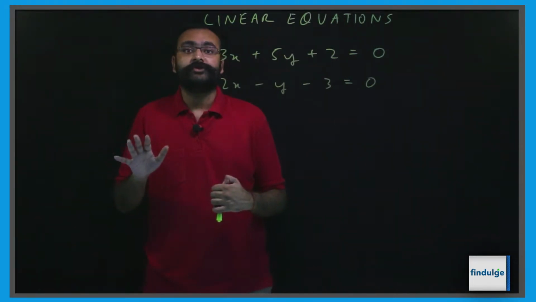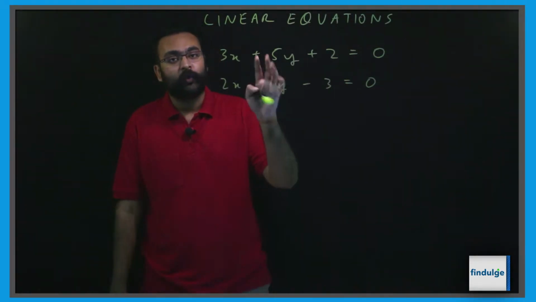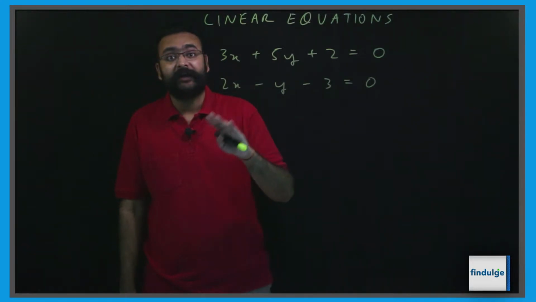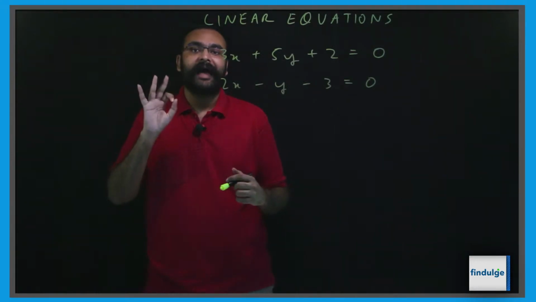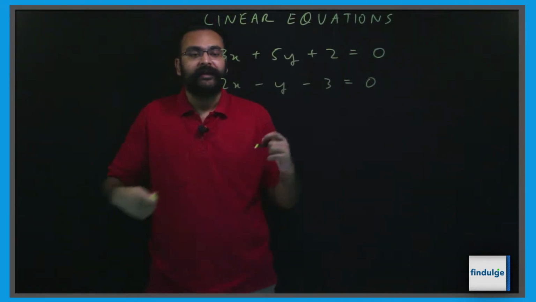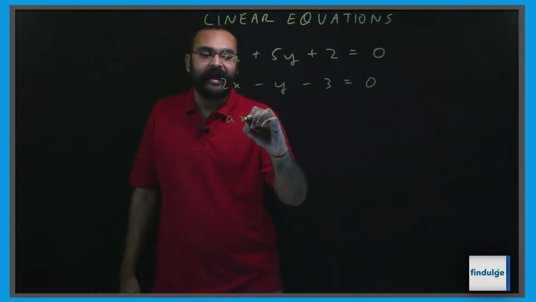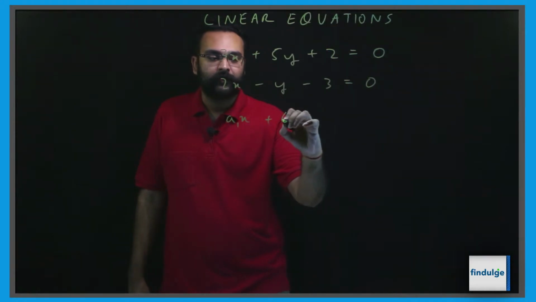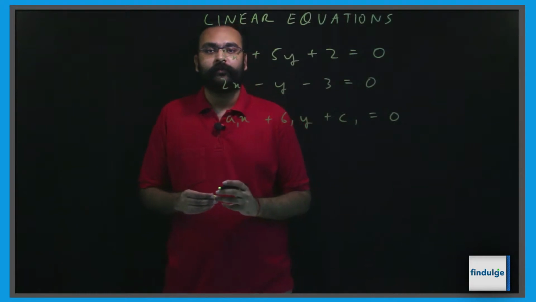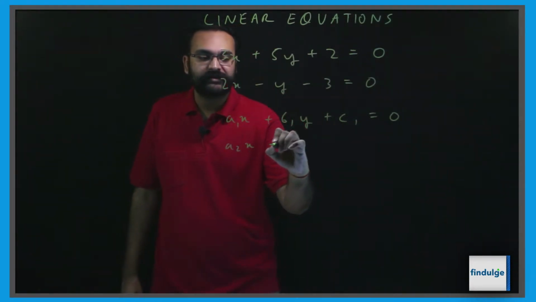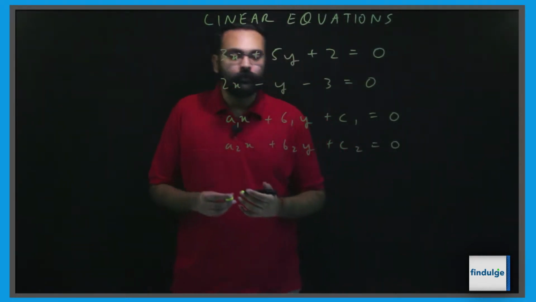Now before we move on to solving methods, let's study the concept of, like I said, will the lines intersect, will they not intersect, or what is the situation? So we have three scenarios. Let's say that my two linear equations are a1x plus b1y plus c1 equal to 0 and a2x plus b2y plus c2 equal to 0.